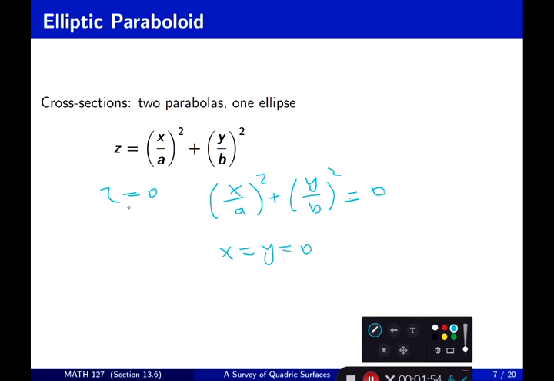So the cross section at z equal to 0 is going to be the point (0, 0, 0).